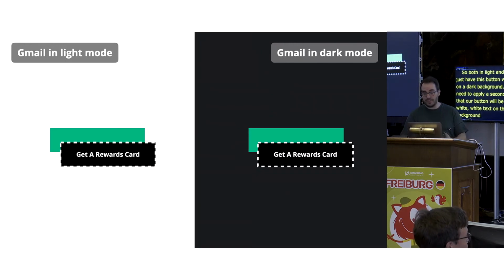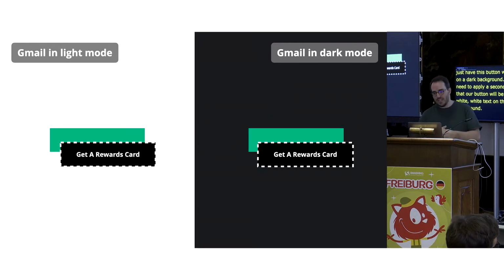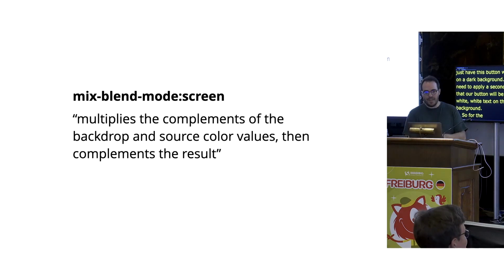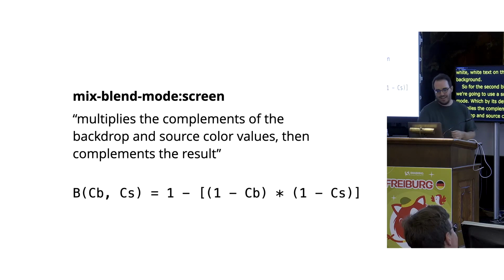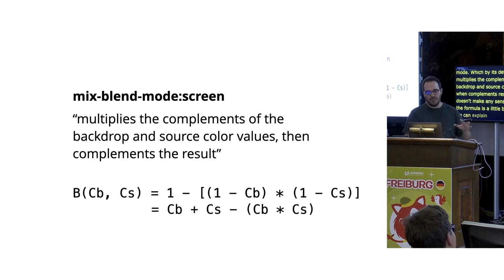For this second blend mode, we're going to use a screen blend mode, which by its definition multiplies the complements of the backdrop and source color values, then complements the results. Yeah, that doesn't make any sense to me, but the formula is a little bit clearer, and we can expand this formula by simply doing this calculation.